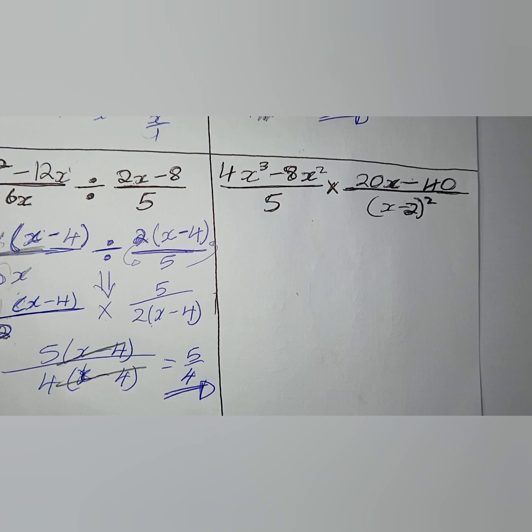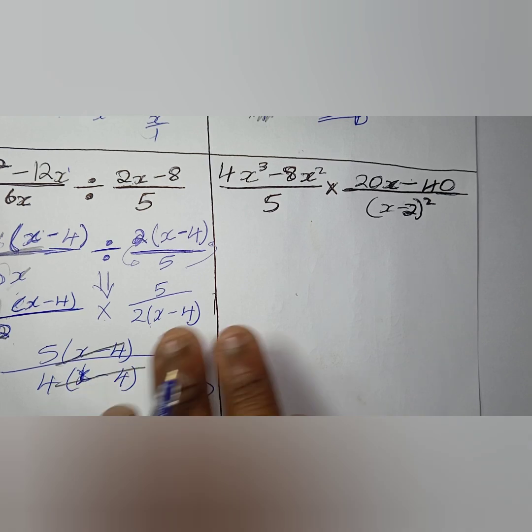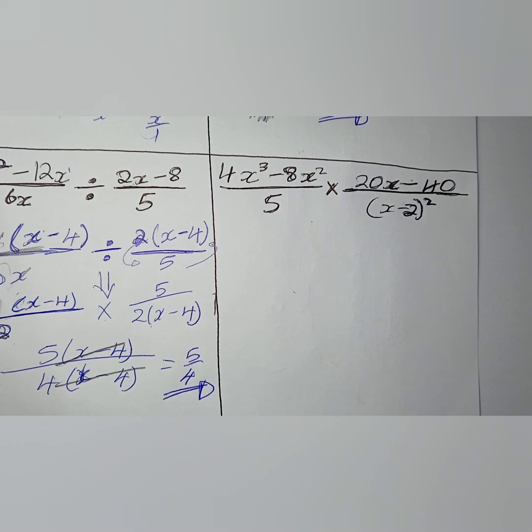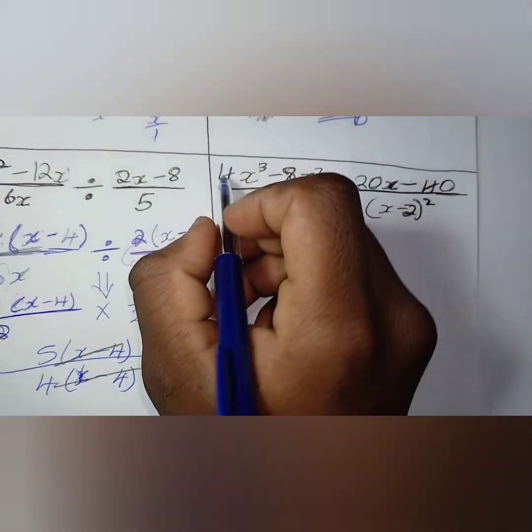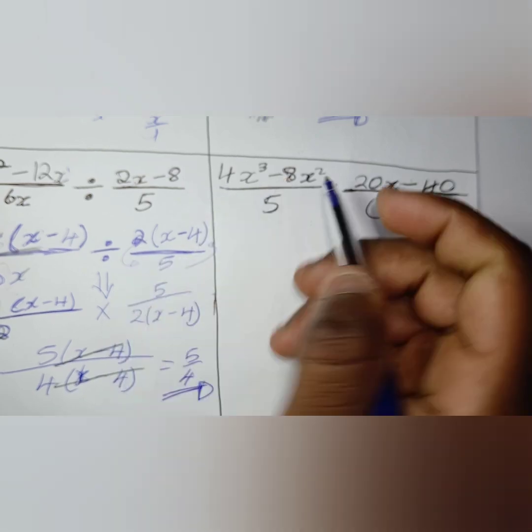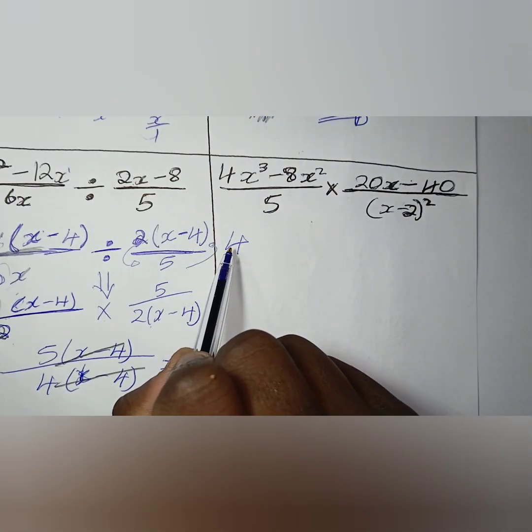So now let's try this one as our last question. Try to listen carefully, guys, to how to approach this question. And remember, you must be able to factorize. You won't simplify this question without knowing how to factorize. Do you understand? So here, let's factorize this thing. We look for a common factor, a bigger number that you can divide it there, and it's 4. Then you take a base that has a small exponent.